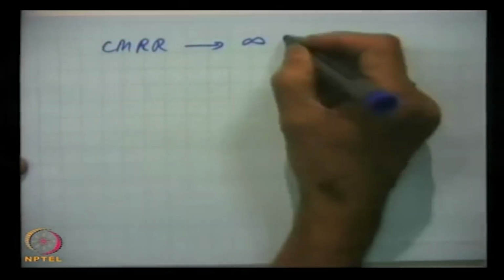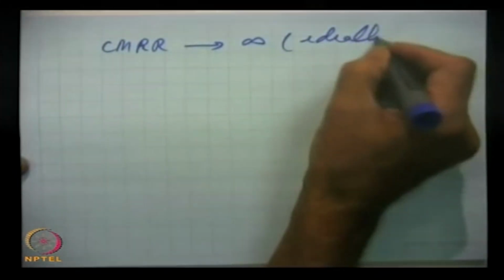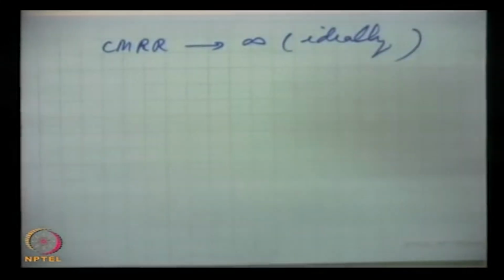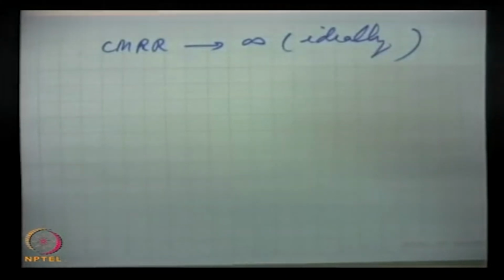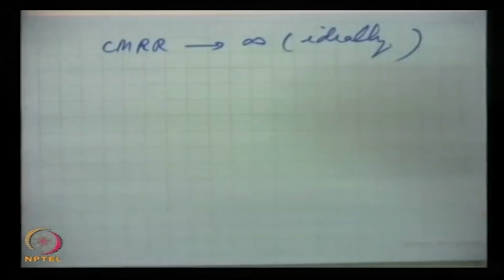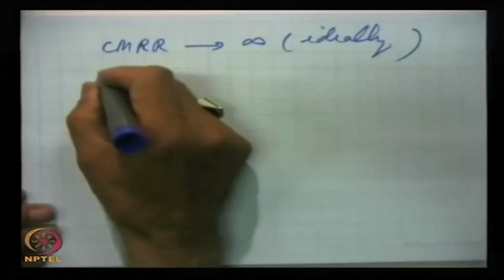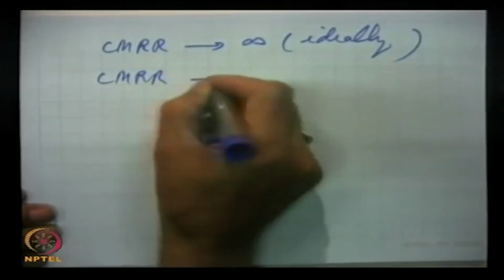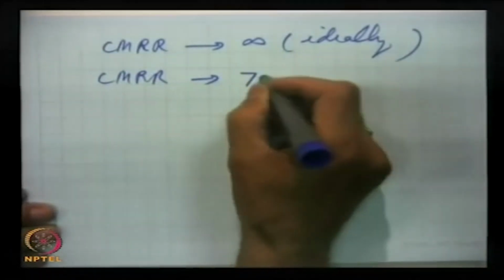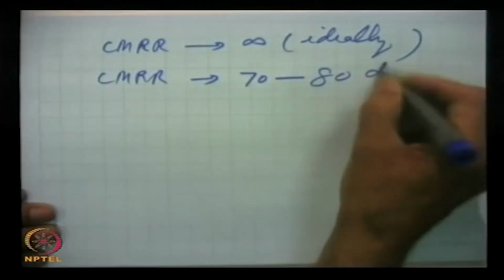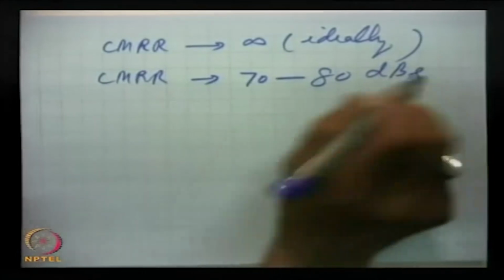CMRR approaching infinity ideally. But with the presently available advanced technologies, this CMRR is of the order of 70 to 80 dBs, which is also very high.